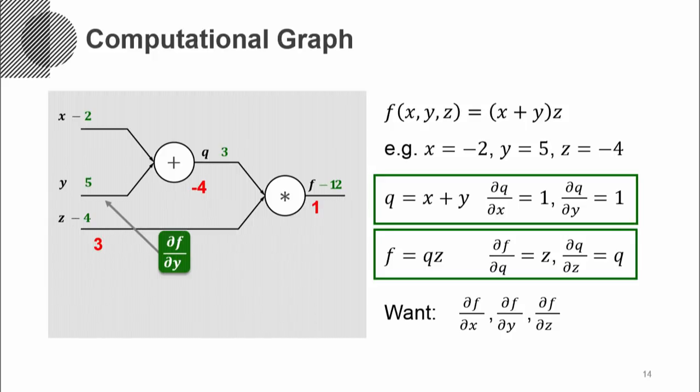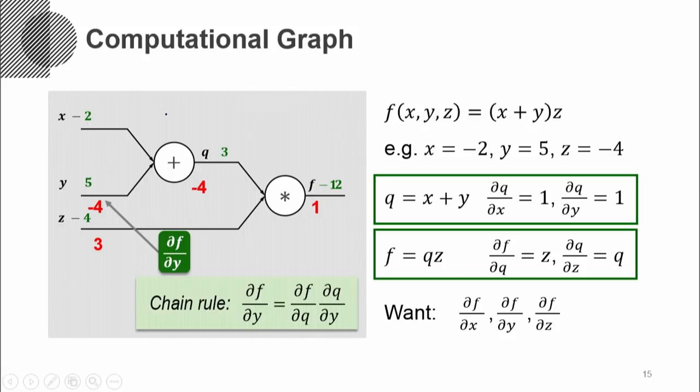And now, given these partial derivatives at this node, we can further transform it into the partial derivatives with respect to y and x, which are the inputs of this intermediate node. Here we use the chain rule. When taking the derivative with respect to y, this value can be decomposed into the product of these two parts.